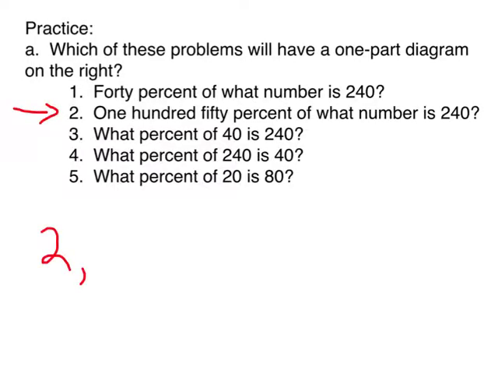Here we have an is number that is greater than the of number. So this is also going to have a 1-part diagram, even though we don't know what the percent is. In 5, we have the same thing. The is number is larger than the of number, so 5 is also going to be a 1-part diagram. So the answer to that would be number 2, number 3, and number 5.